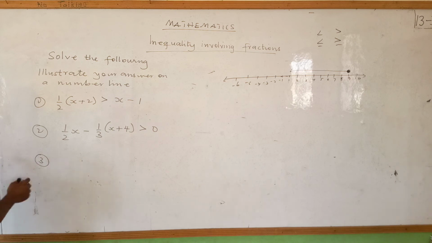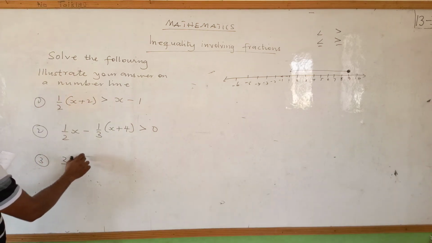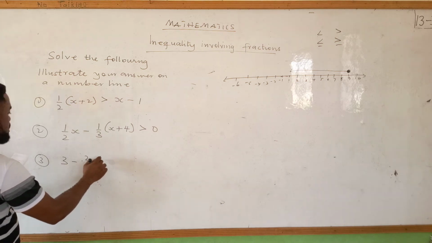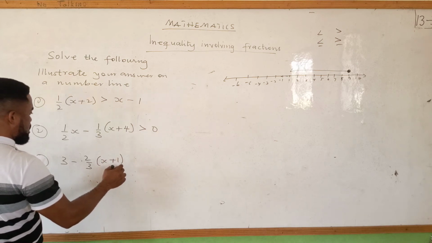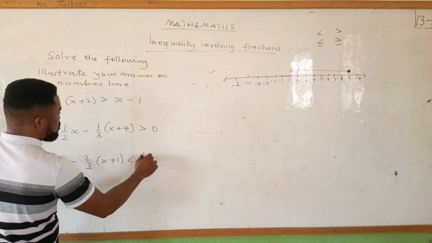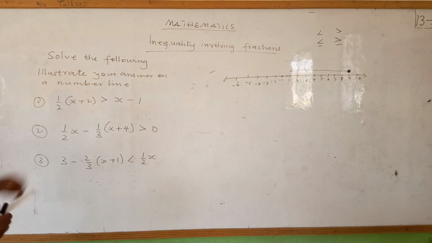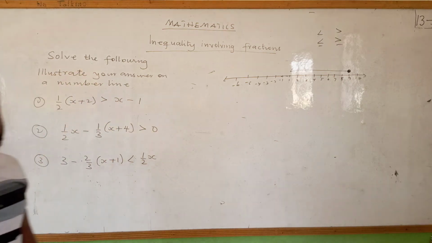Then number 3: 3 minus 2 over 3 into bracket x plus 1 less than 1 over 2x. Okay, so please, I said, solve the following, illustrate your answer on a number line.